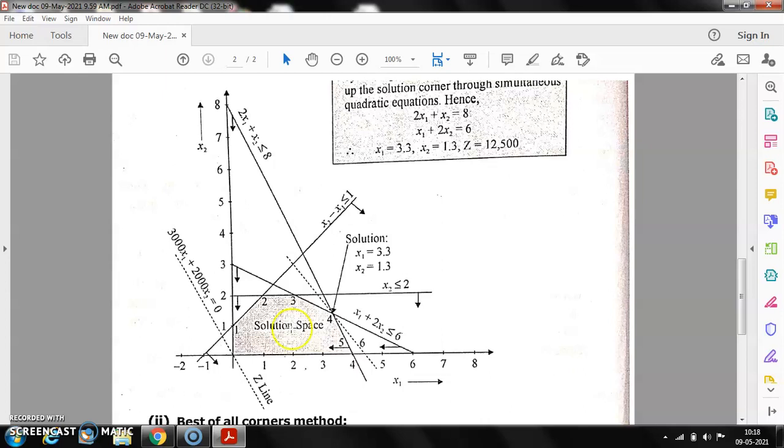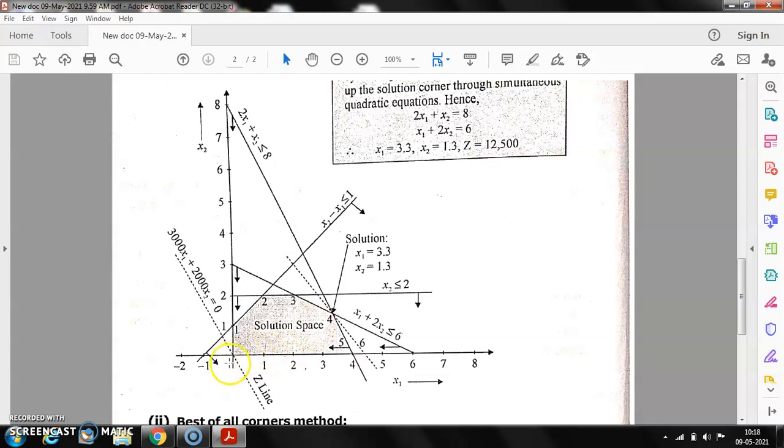So this point satisfies this equation, this line, as well as this equation. So in that way you need to obtain the solution space. Just go on applying all the conditions at a time, you will get the solution space.